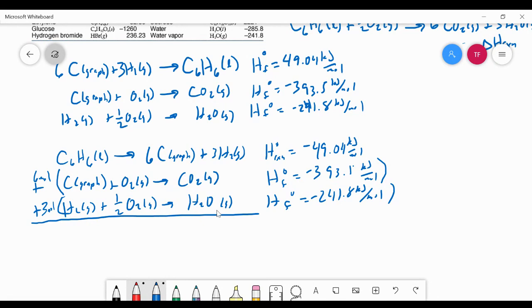So watch what happens when we add all this together. I'm going to put everything on the left-hand side, on the reactant side of the overall reaction. So we have C6H6 liquid plus, and again, I'm going to distribute the 6 into everything, 6 C graphite plus 6 O2 gas plus 3 H2 gas plus 3 halves oxygens.